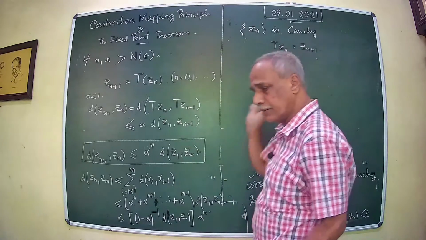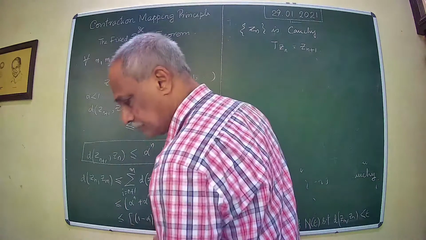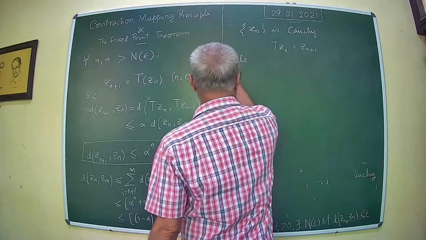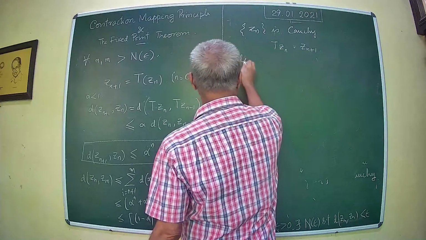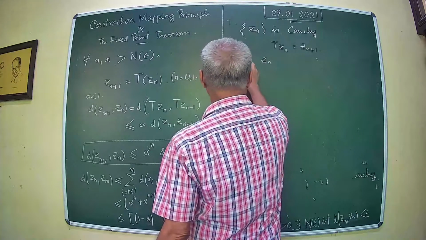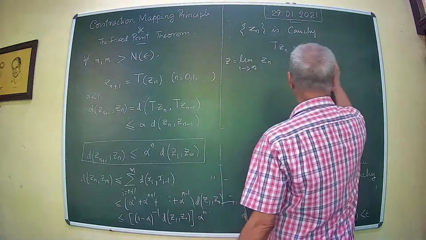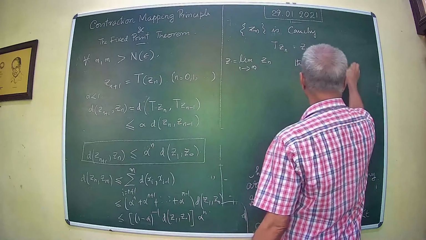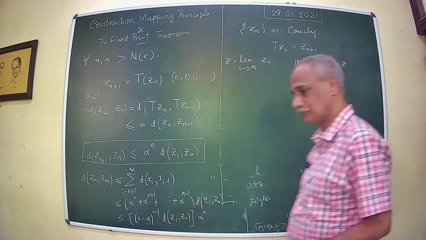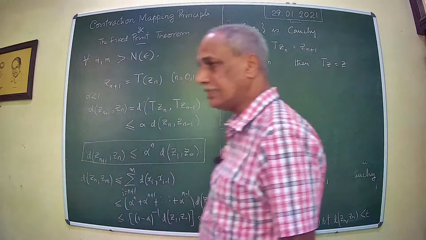Now proceed to the limit as n tends to infinity. If I write z as the limit of Zn, then we have that T z equals z. That's quite easy to do. Okay. So that is a fixed point.